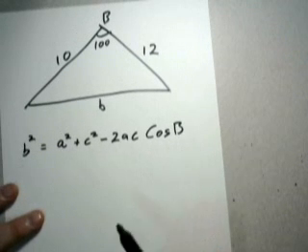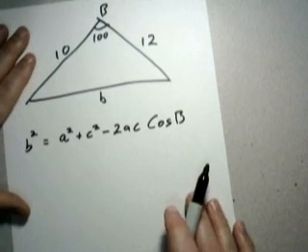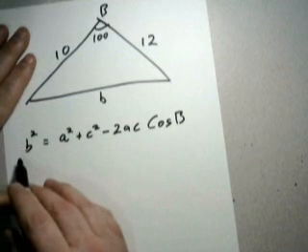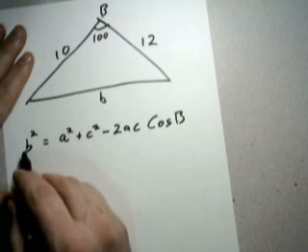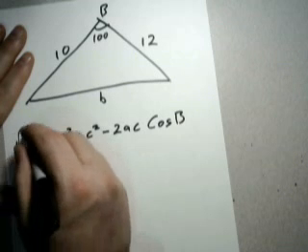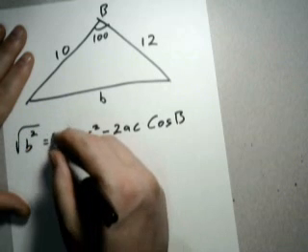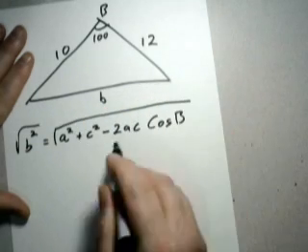All right? Now remember, just like with the Pythagorean theorem, I'm not looking for b squared, I'm looking for b, so I have to take the square root of both sides.